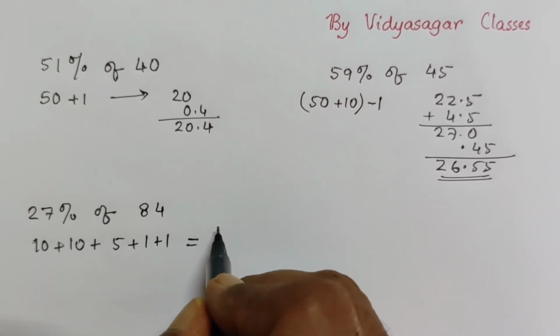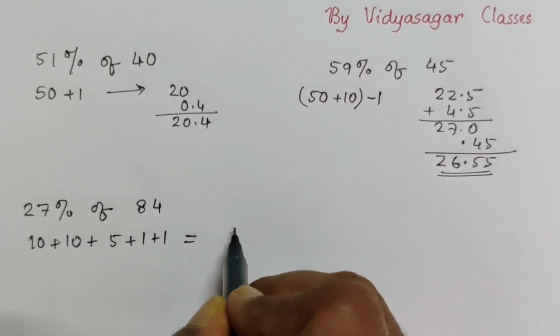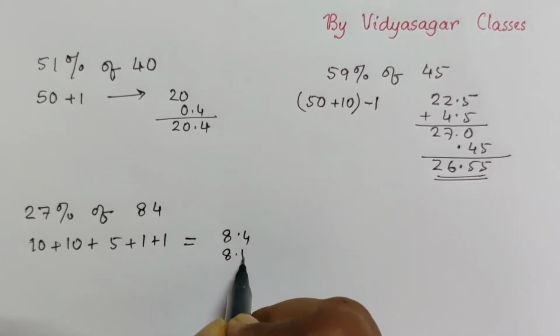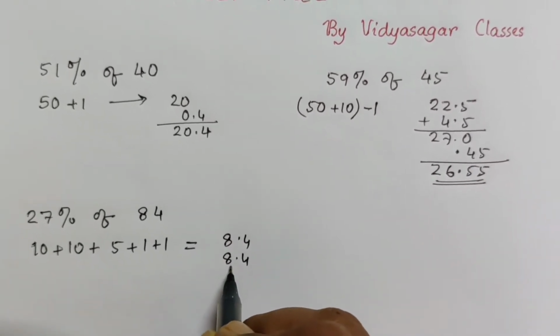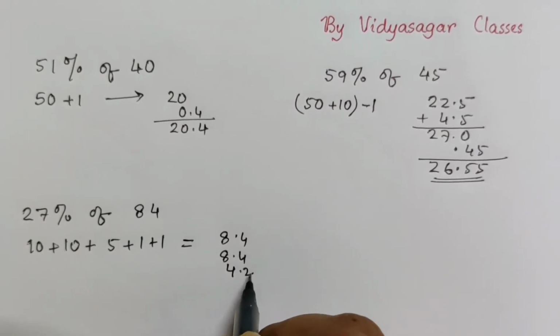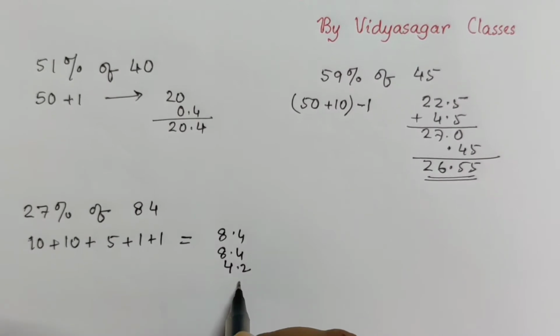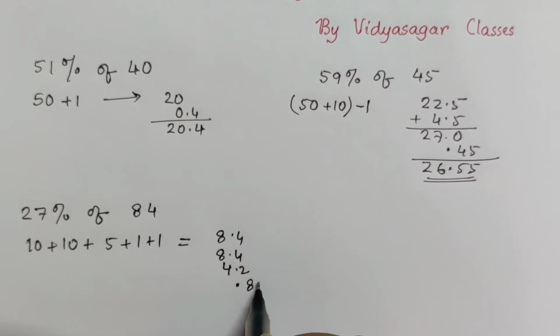Now 10% of 84 is 8.4. Again 10% is 8.4. 5% is half of this, that means 4.2. 1% is 0.84.